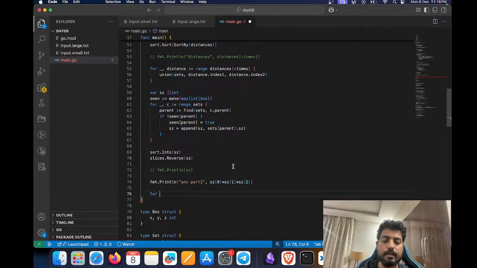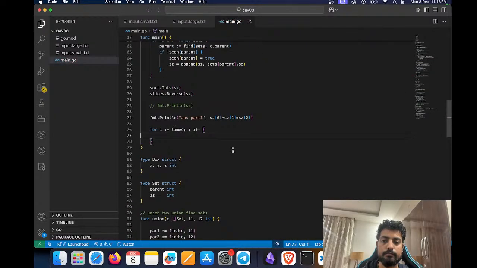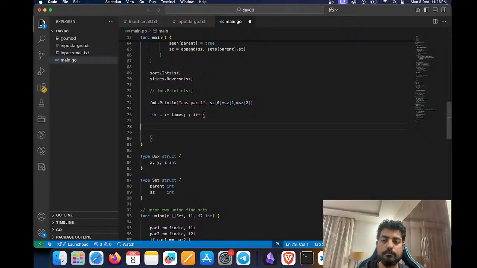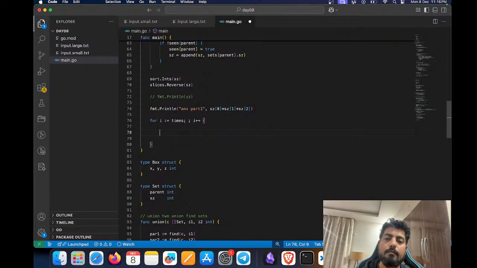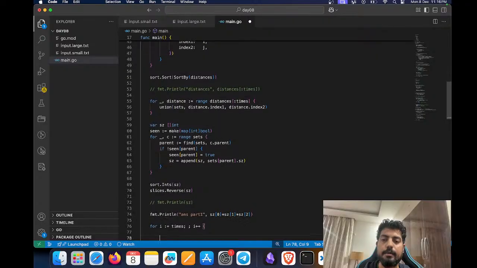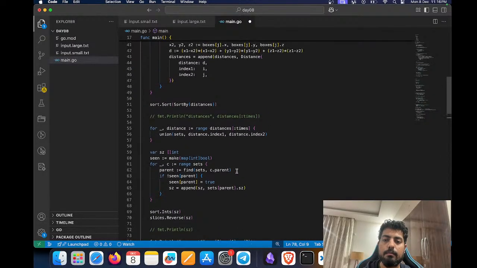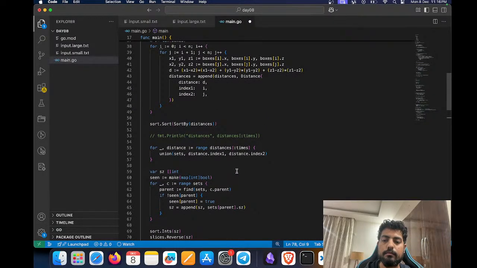So we know we can continue doing this for i equal times, there's no condition. So let's keep doing this. Let's keep merging the stuff.